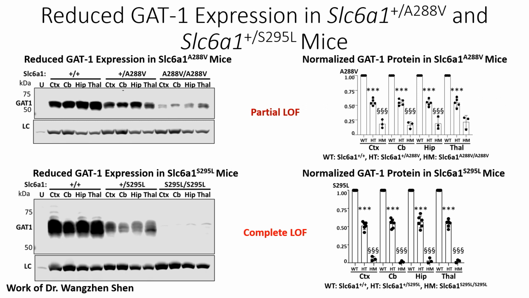And for the S295L, there's pretty much no GAT1 being expressed, it's all being degraded. And if you look at the heterozygous expression of both of them, you can see about a 50% decrease. So basically one copy, the wild-type copy, is still working. So for A288V, there's basically partial loss of function because of this, and S295L has complete loss of function.